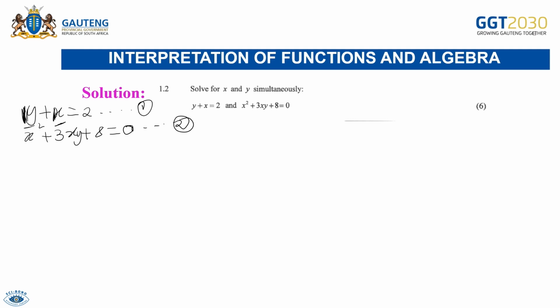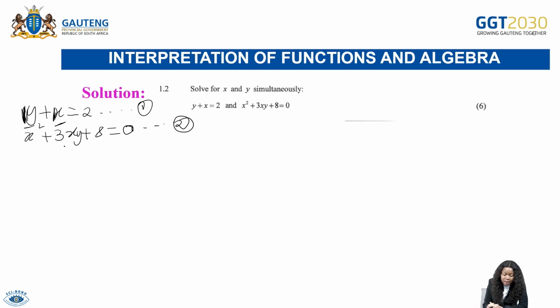But with this one I can't make x the subject of the formula because there's x squared, meaning that at the end I'll have to put a square root so that I can remove that square. So I'll have equation 3 with a square root, so it becomes complicated.